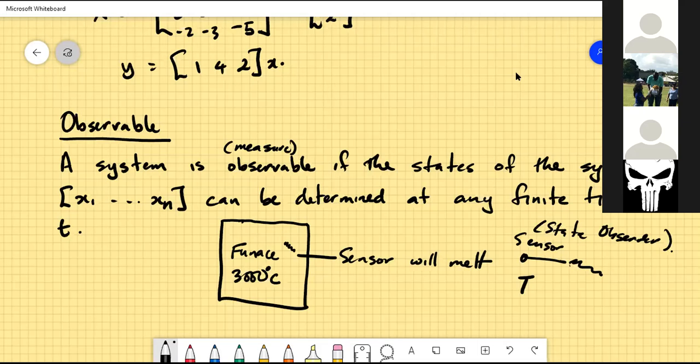That is, y is equal to something times x1 plus something times x2 plus something times x3. And if you don't know what x1, x2 or x3 is, then you can't calculate your y. Sorry, this is not a state observer. This is a partial state observer.